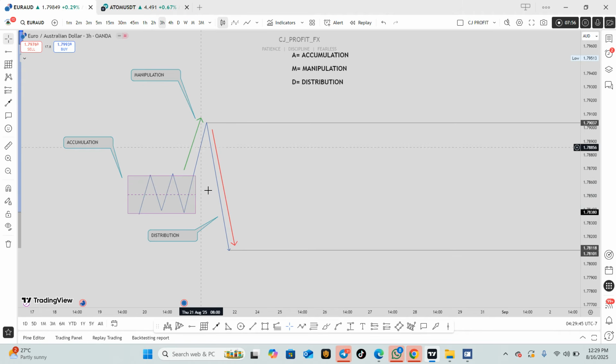When this market was distributing, a lot of imbalance were created. As it's going down, it created something like a little order block or LVGs. Market creates LVGs while distributing. At that moment, you notice that all the LVG must be filled.